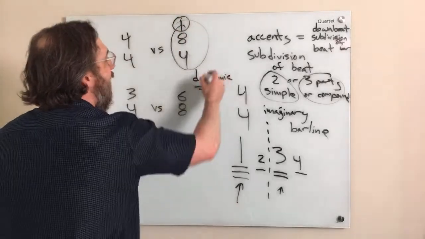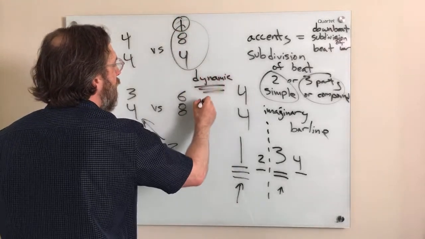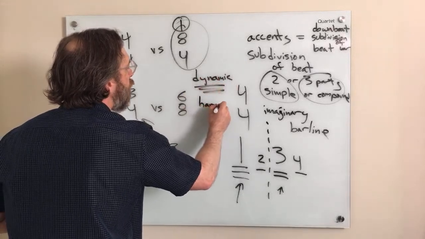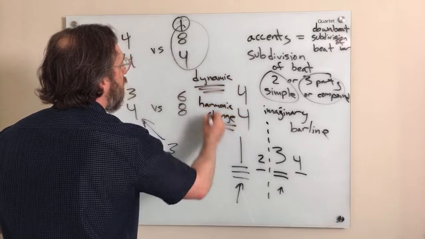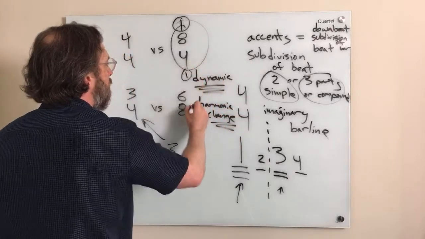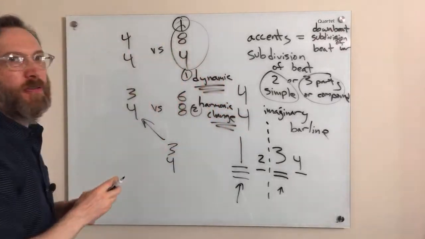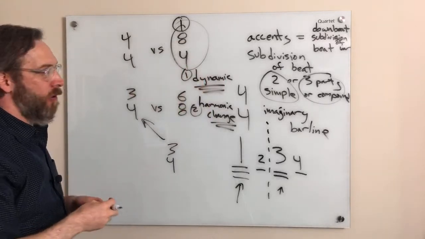So there's the accent, which happens dynamically, and then harmonic change is the other thing to listen for in terms of determining whether you're dealing with 4/4 or 8/4.